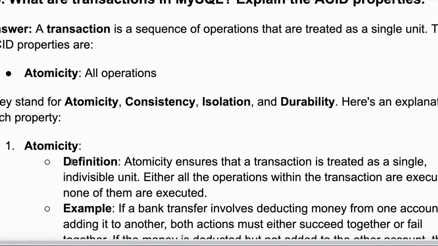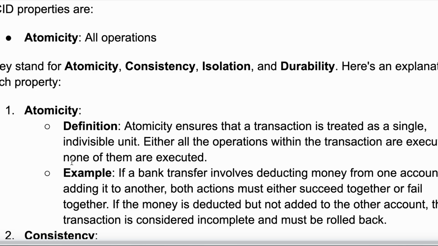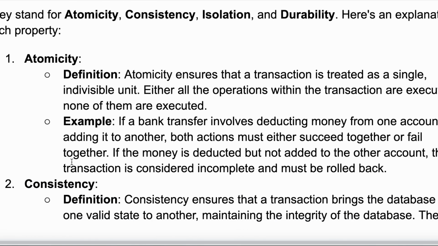We will see one by one. What is atomicity? Atomicity ensures that a transaction is treated as a single individual unit. What does it mean? It means either all the operations within the transaction are executed or none of them are executed. Here I have given an example.